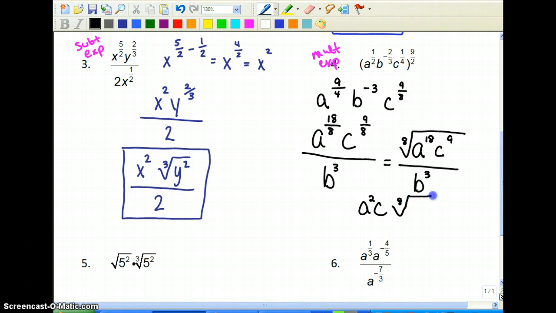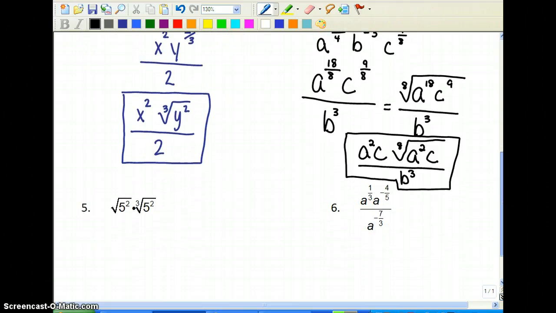Then we have leftover. If you put it in there twice, you use 16. So you have 2 left, and then 8 takes away 8 of them, so you have 1 c left, all over b to the 3rd. And that would be our final answer. So we're just applying our exponent rules.